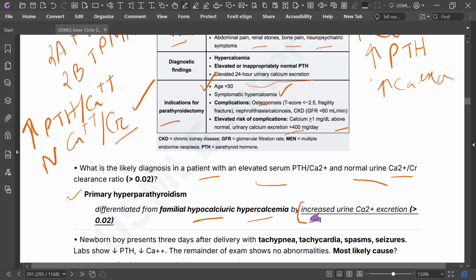If the ratio is less than 0.01, it is familial hypocalciuric hypercalcemia.